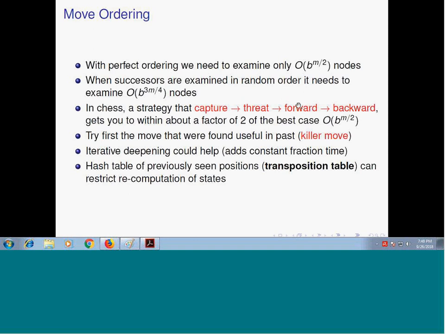If there is a possibility to just move something forward, and there is something by which you can get a threat, you would go for the threat. Similarly, you can take some step back and there is some way of going forward, so you would go for the forward first. If you go with this ordering, it turns out that only order b to the power m by 2 items are actually explored, but now the cost factor is double.